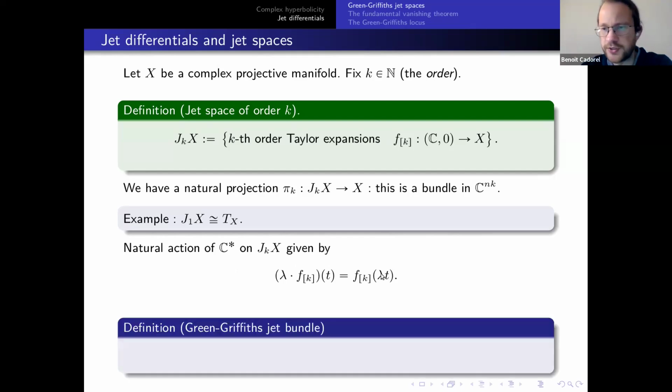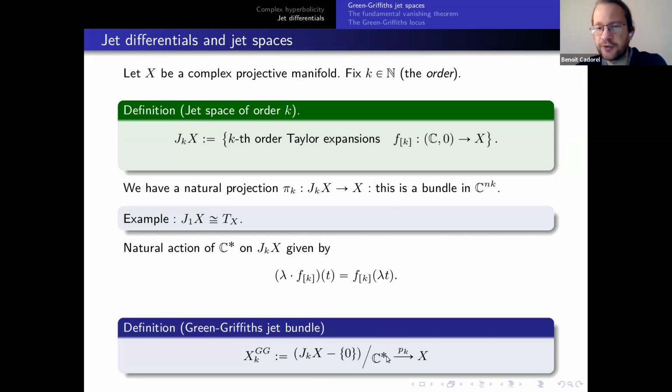And what you can do now is quotient out this space by this C star, at least when you remove the zero section, given by all the jets which are zero. So you look at all the Taylor expansions which are trivial, which are constant, you remove this zero section, and you quotient by C star.